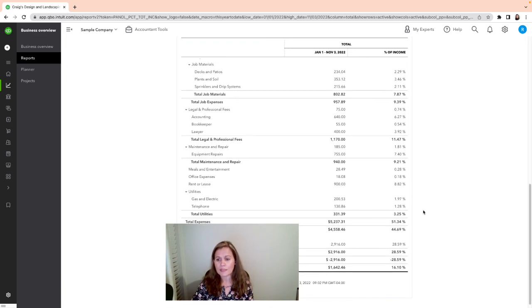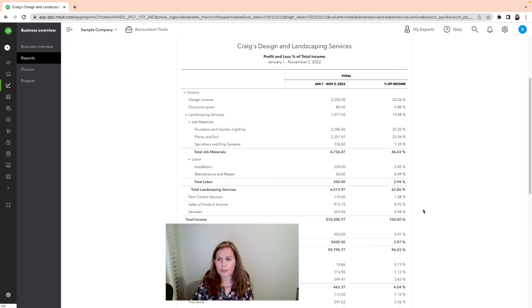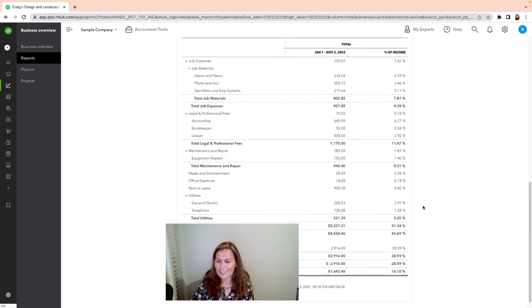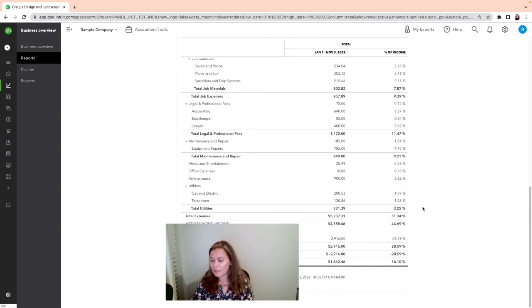So in this case here, our landscaping friend is not doing very good. It's an example, and hopefully that's not the case. Net other income is negative, so we're good here. So net income is positive.